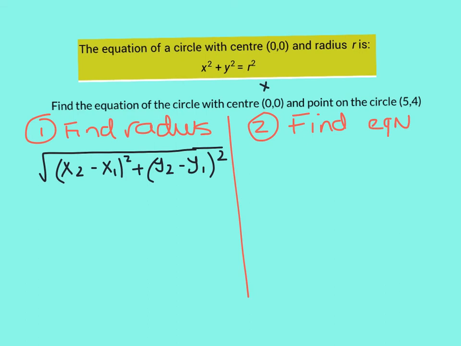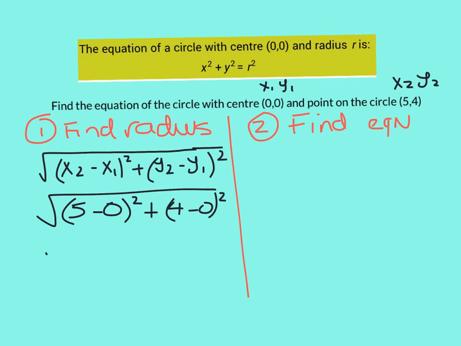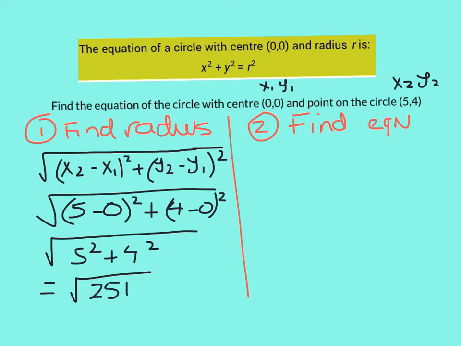Okay, so we're just going to label my points: x1, y1, x2, y2, and I've already written out my formula just so I'm ready to go. So then if I substitute that in, what I get is 5 squared plus 4 squared, and that's going to give me the square root of 25 plus 16, which gives me root 41.